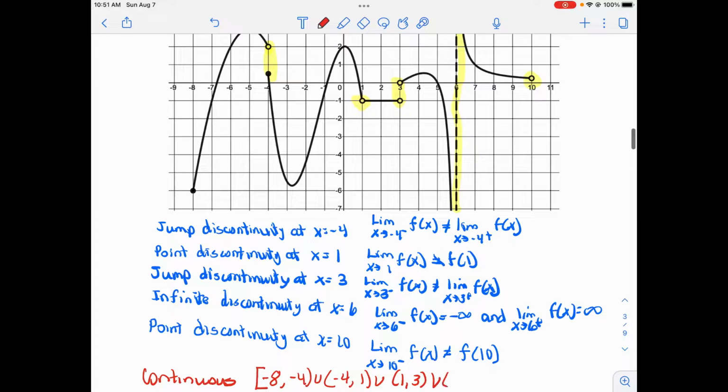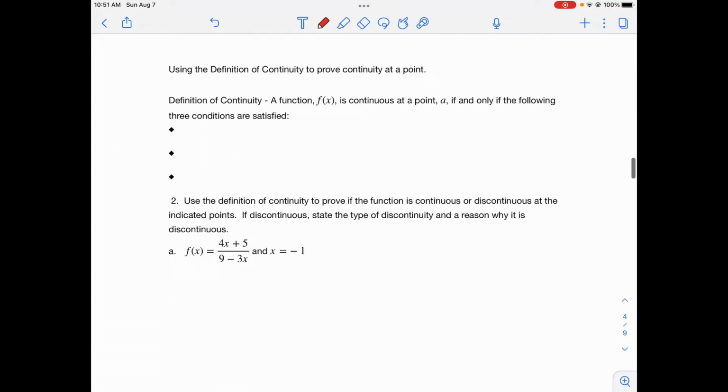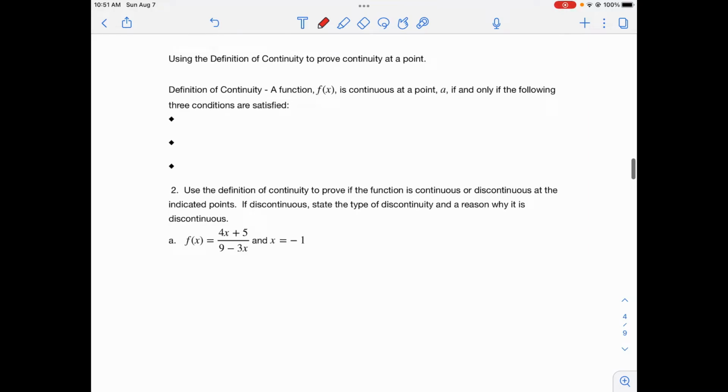And then from 3 to 6. And finally from 6 to 10. But this time 10 is not included, so I have parentheses, not brackets, at that endpoint. All right, so that's graphically figuring out limits and where a function is continuous or not.